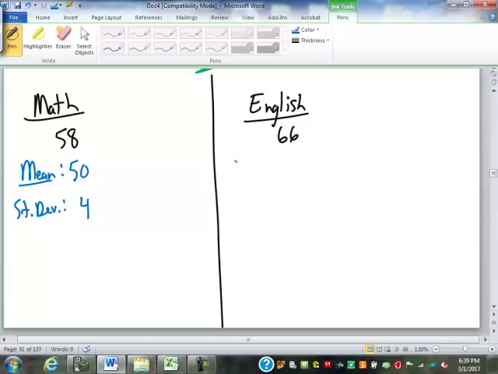The mean score on the English test is 56 with a standard deviation of 6. So which one's more impressive? Well, right now I want you guys to find the z-score for each of those.